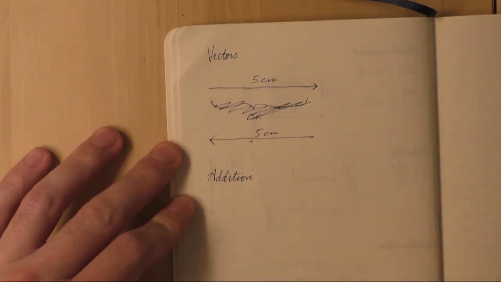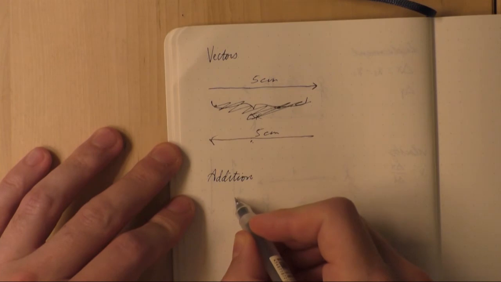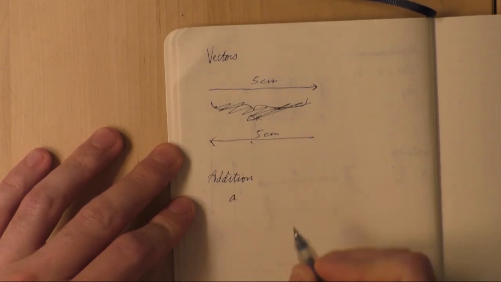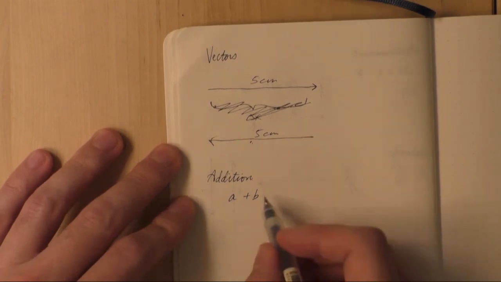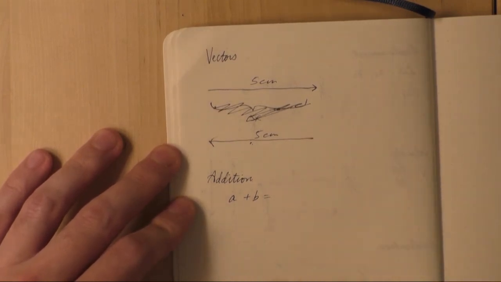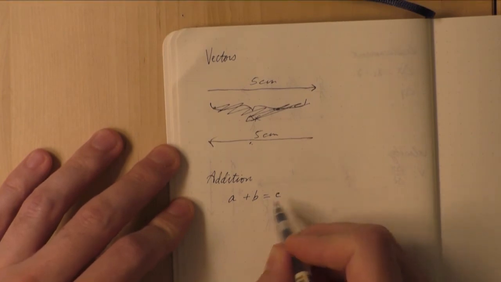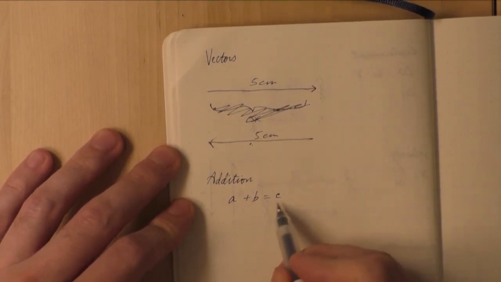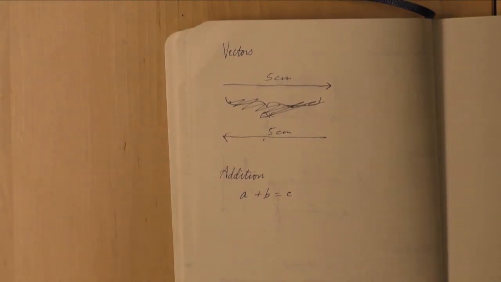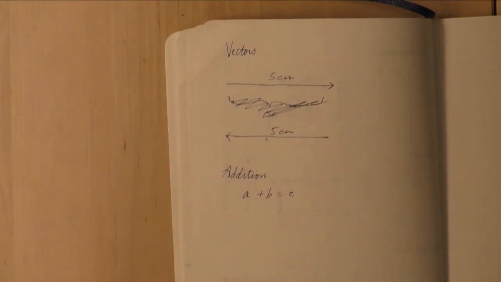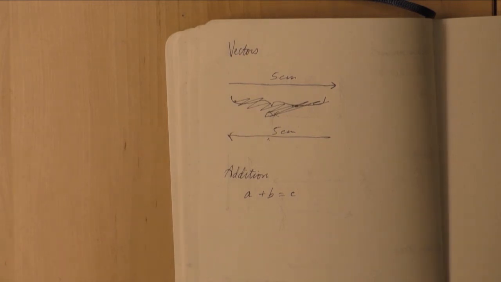Let's just do a little problem. Let's say we have two vectors, vector A and vector B, that we want to add together, and they're going to create another vector called vector C. That's going to be our answer, our result. So let me grab a colored pencil. Maybe let's use blue and red.